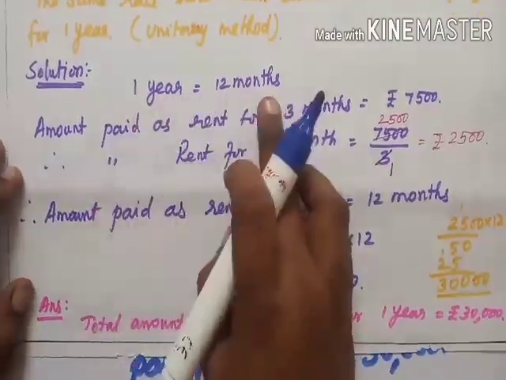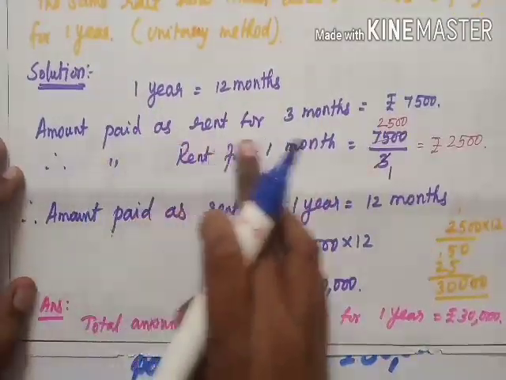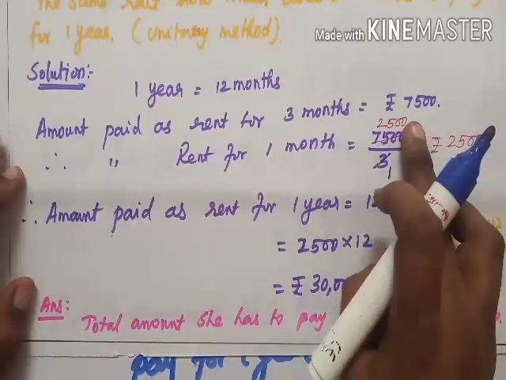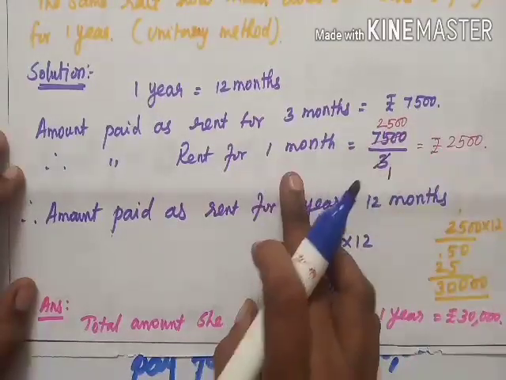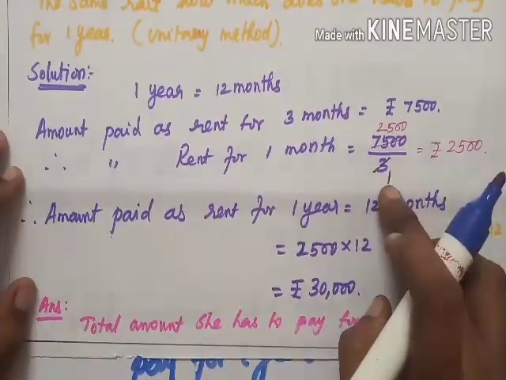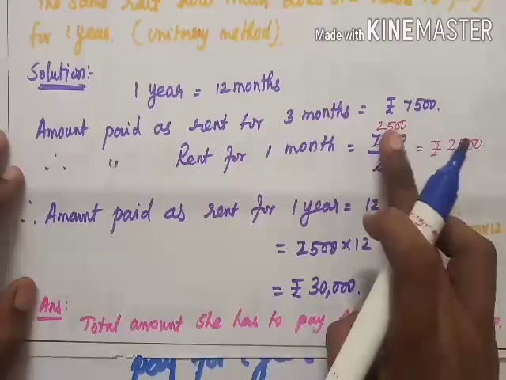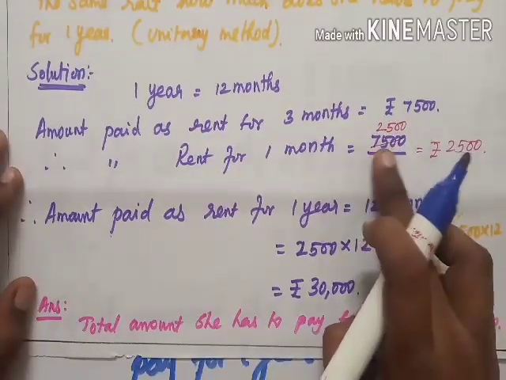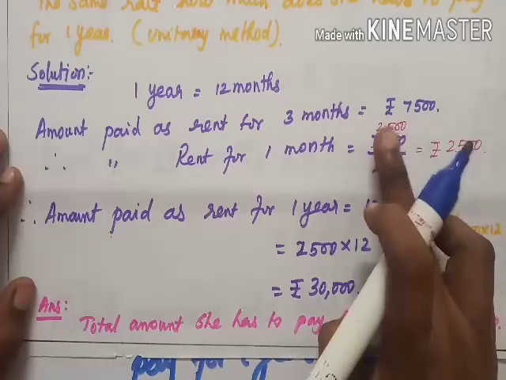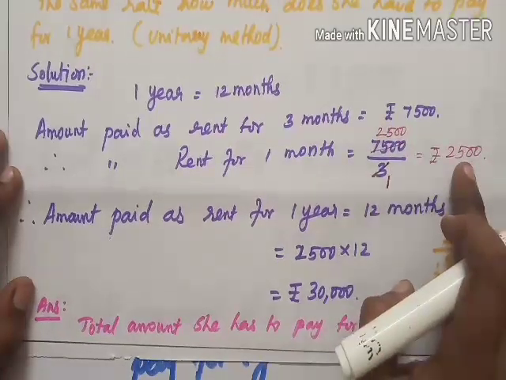1 year equal to 12 months. Amount paid as rent for 3 months, 7,500. Therefore, for 1 month, 7,500 divided by 3. 1 3 is 3. 2 3s are 6. Balance 1. 15 are 5 3s. So, answer is 2,500.